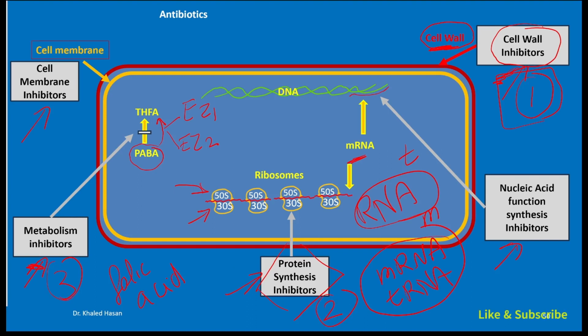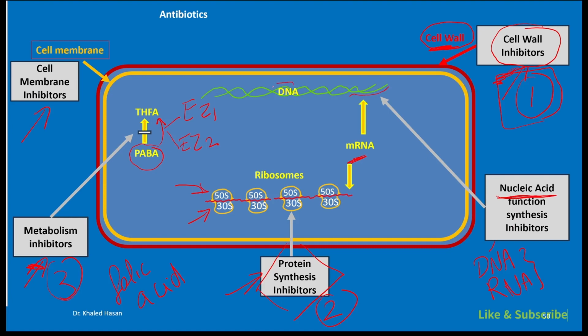Moving to another important group of medication, this group affects nucleic acid function and synthesis. Here we are talking about DNA and part of the RNA polymerase. So we have some antibiotics that affect the synthesis of nucleic acid.